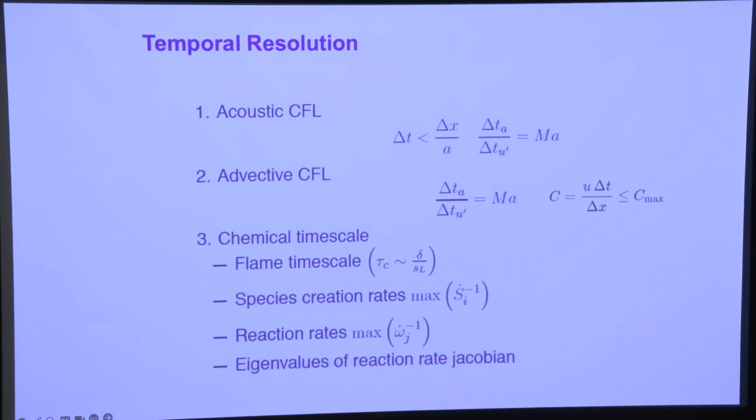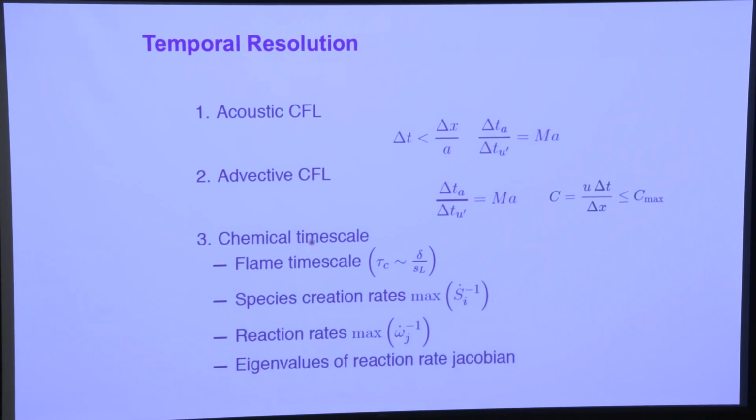On the other hand, you also have to solve for the advection CFL, the Courant-Friedrichs-Lewy criterion for a given numerical scheme. And there, the time step, delta t, is proportional, again, to the size of your mesh divided by the convective velocity. And so the ratio of the acoustic time step to the advective time step is simply your Mach number, the ratio of u divided by sound speed a.